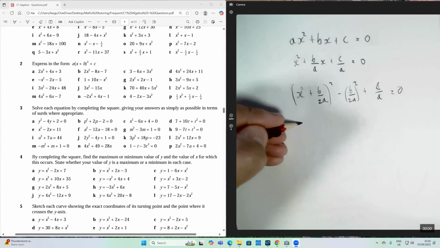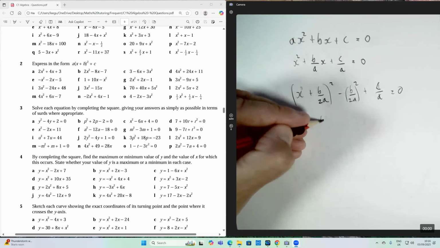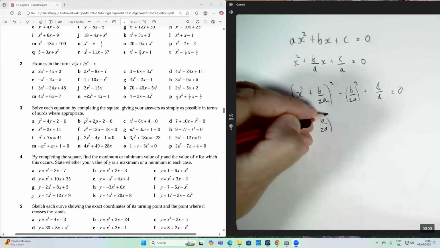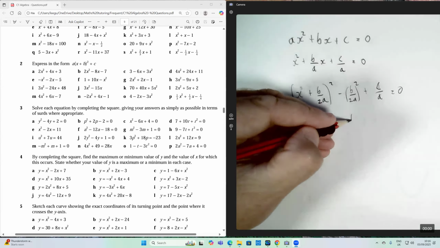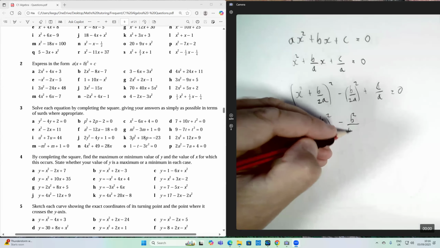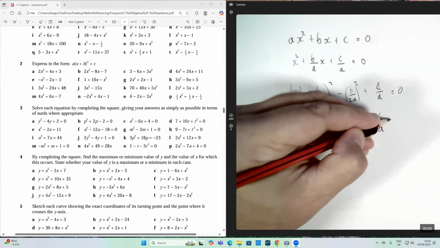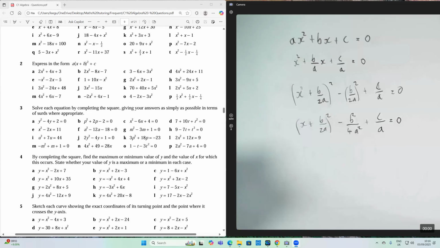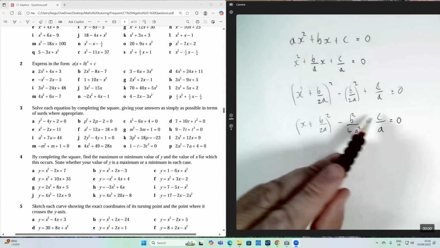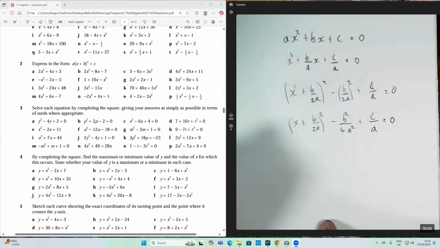Okay, so now our next line is x plus b over 2a all squared minus b squared over 4a squared plus c over a is equal to 0. And what I'm going to do now is take this term and this term over to the right-hand side.